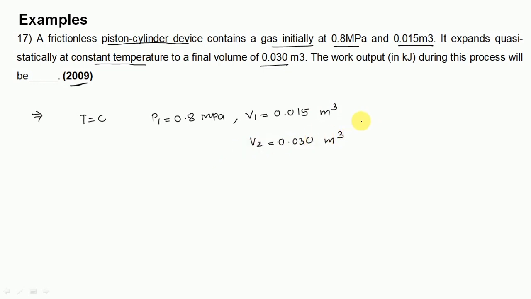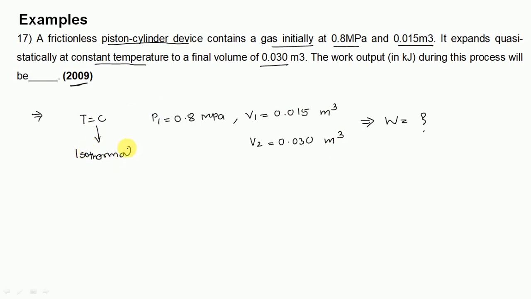Here we have to find the value of work during this process. Okay, is the volume increased or decreased? The volume is increased, so this is an expansion process. So whatever the value you get, the work is positive. And the temperature remains constant in the isothermal process.